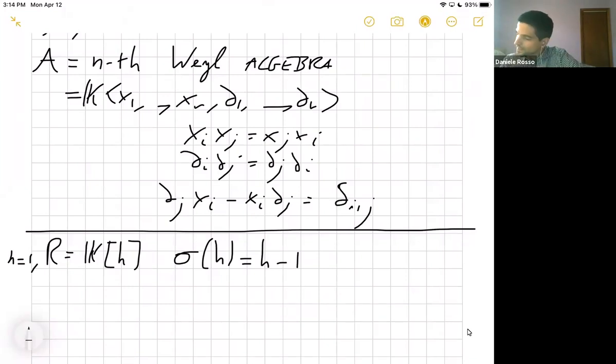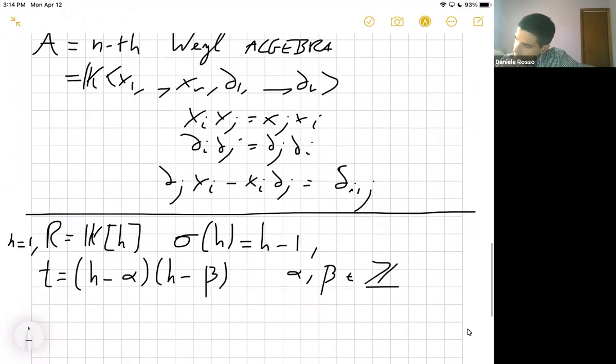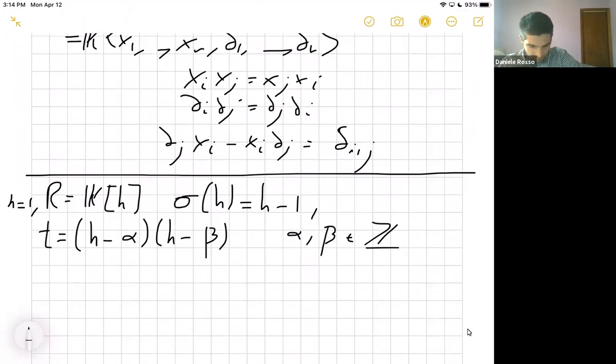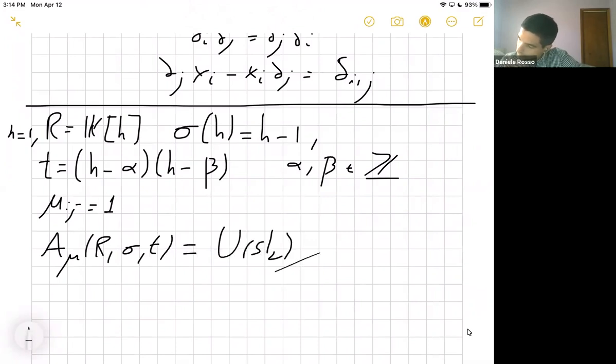If instead of taking t to be just h, I take t to be a quadratic element, (h minus alpha)(h minus beta), where alpha and beta are integers, and let's take the mu's to be still one for simplicity, then the algebra you get is a primitive quotient of U(sl_2).